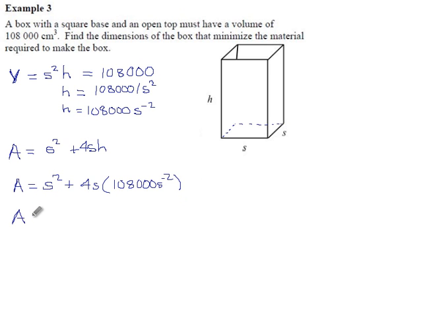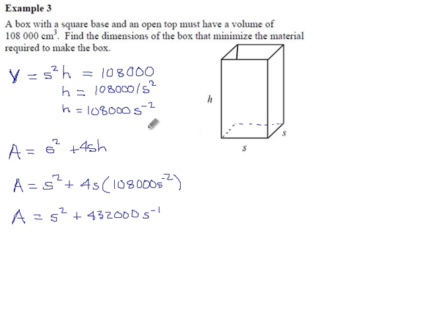Clean that up. And we get 4 times 108 is 432,000 S to the minus 1. So that's our area just in terms of S. And we want its derivative.